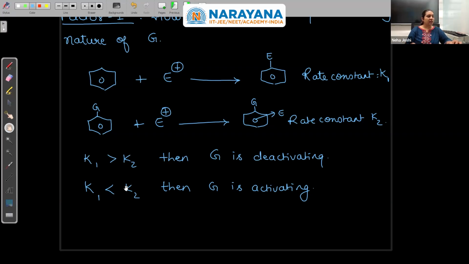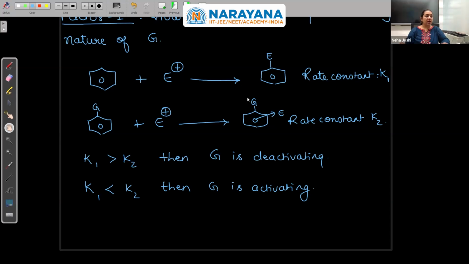Whereas if K1 is less than K2, then what is observed? As compared to normal benzene, this G is now giving a faster rate. So what has this G done?